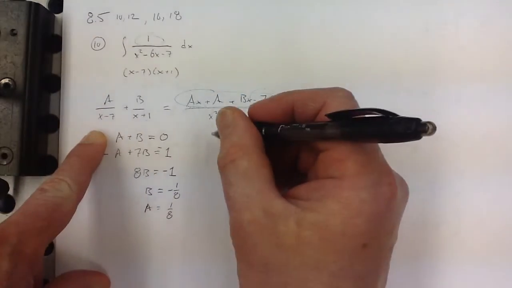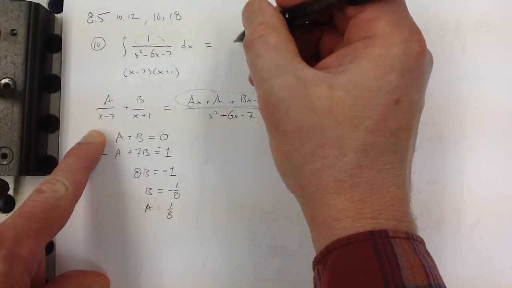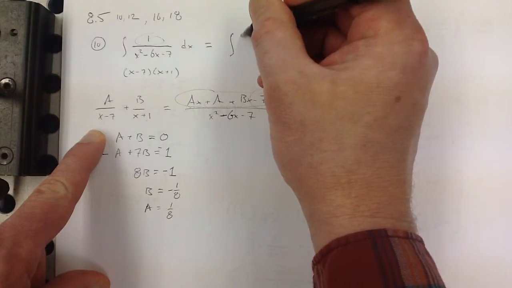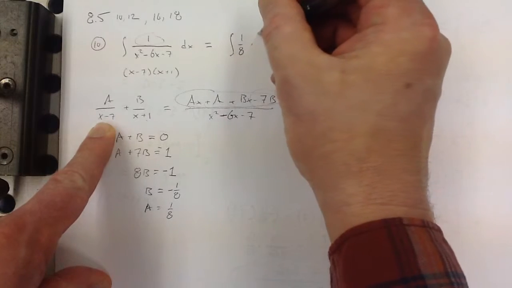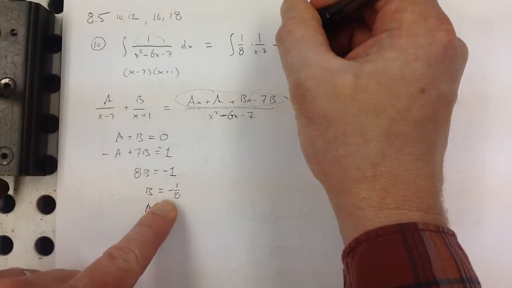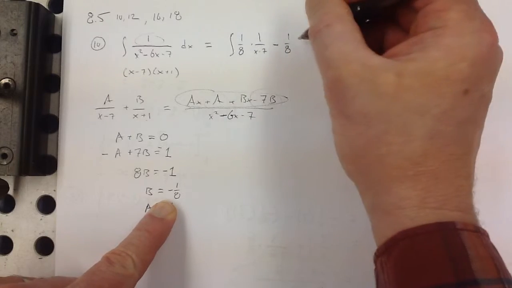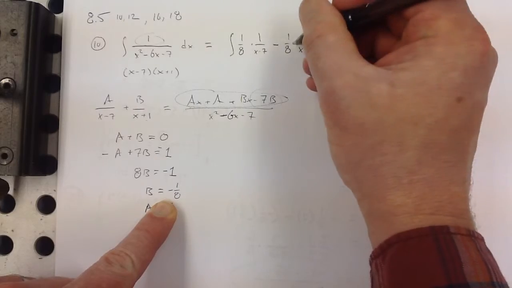So that means my original integral is equal to the integral of 1/8 times 1 over x minus 7, minus 1/8 times 1 over x plus 1.